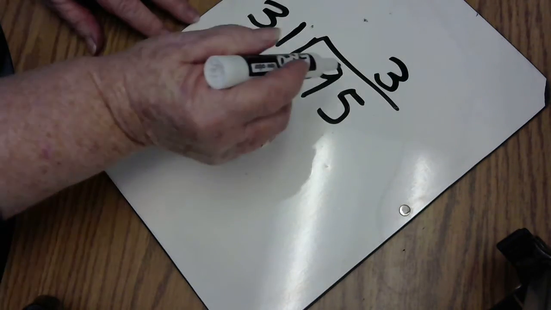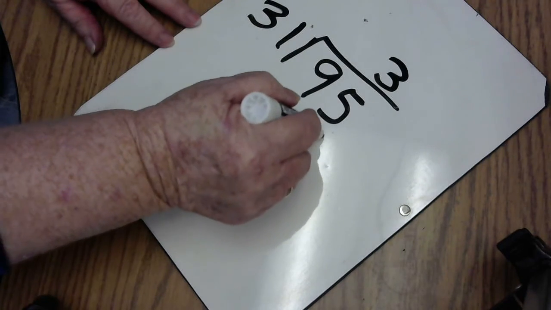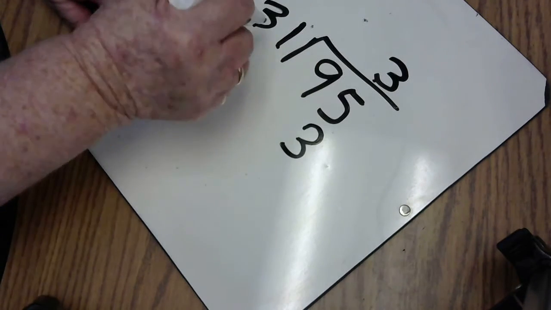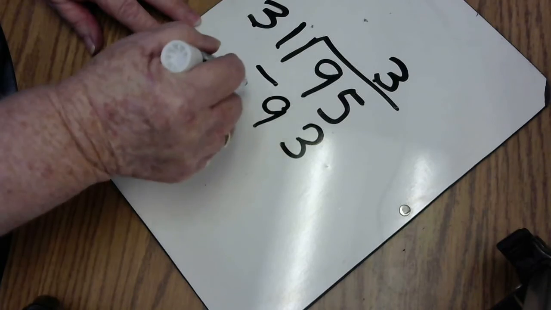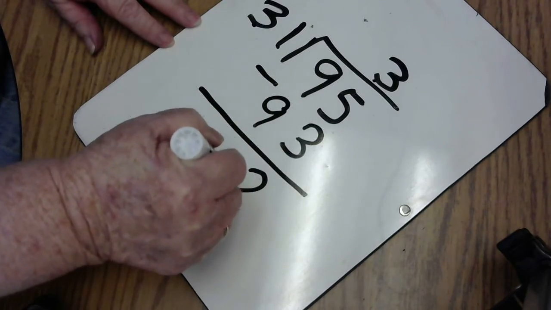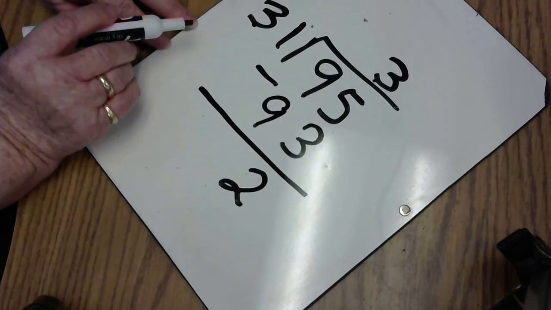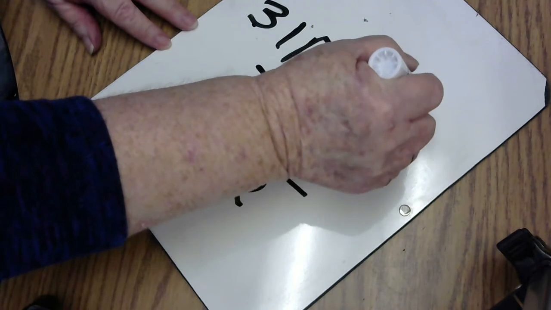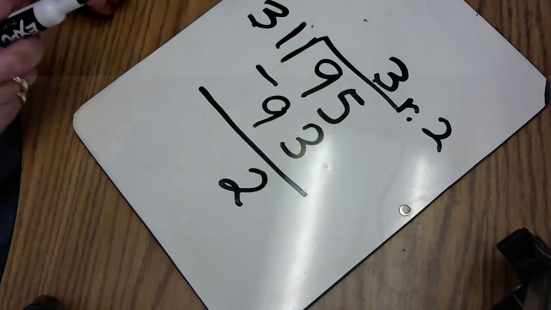Now we multiply. 3 times 1 is 3. 3 times 3 is 9. We subtract. There's nothing to bring down, so our answer is 3 with the remainder of 2. Okay? Let's turn the page and see the next problem.